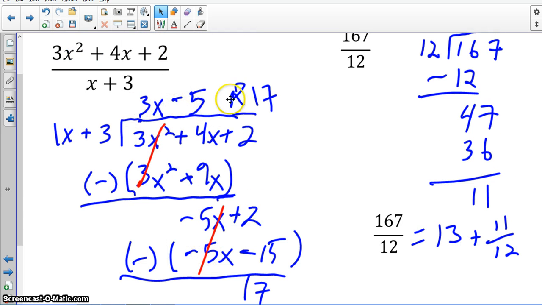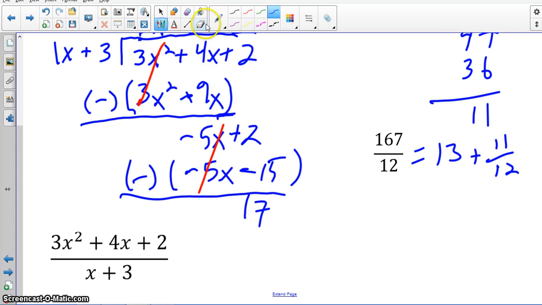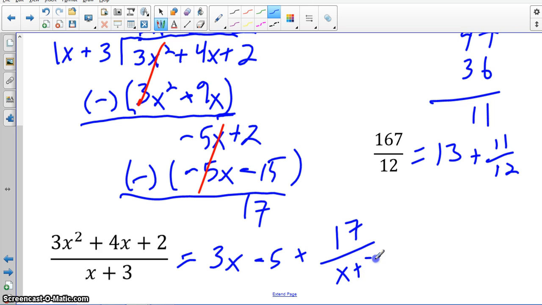It's equivalent to 3x minus 5, the quotient, plus the remainder over the original divisor, which was the x plus 3. These are equivalent to each other. So that's how you do long division of polynomials. Alright, there you go. We'll probably have to do some more examples in class because this is a pretty tough one, but hopefully that's a good start.